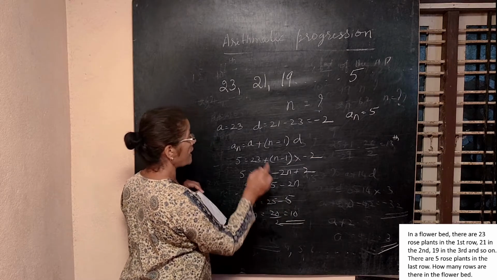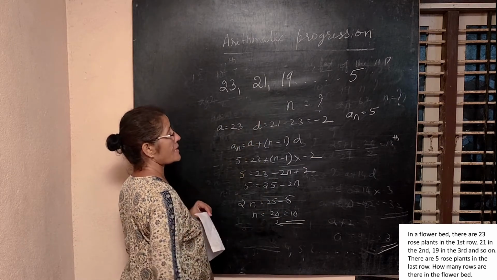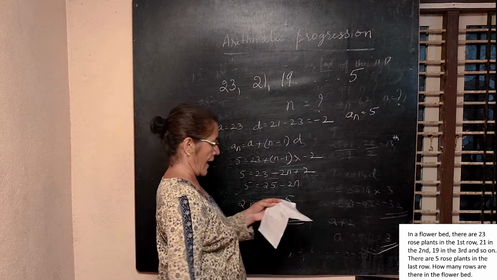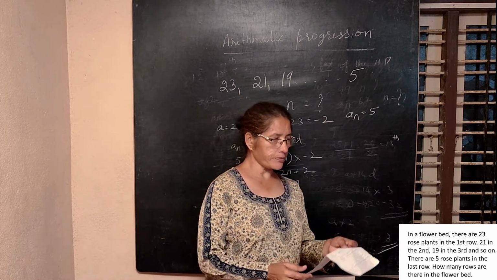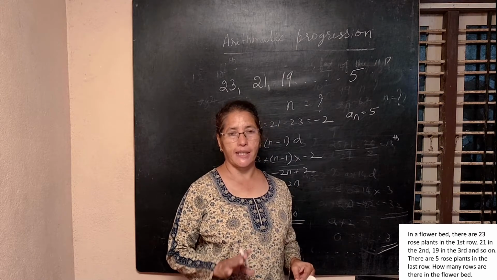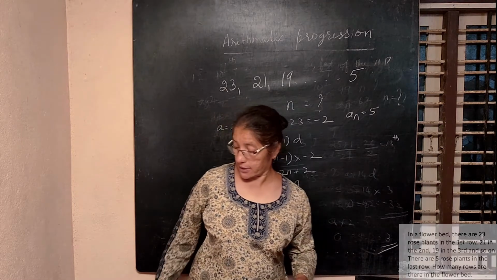So there are 10 terms, 10 rows of rose plants, right? Now let me calculate one more type of question in this AP.